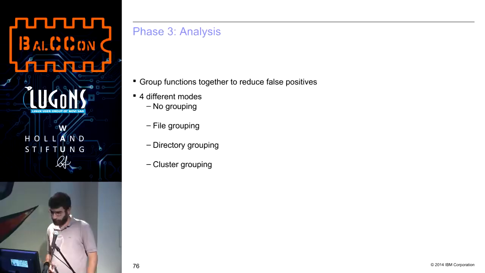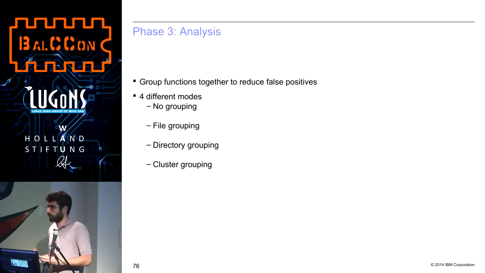In the analysis phase, we do some grouping of the functions. What that means is, based on some criteria, we say that two functions in the kernel are essentially equivalent with respect to tracing. So one of the things you can do is basically not do any grouping at all, but you can also group by file, which means that if two functions are declared within the same file in the kernel sources, we group them together.